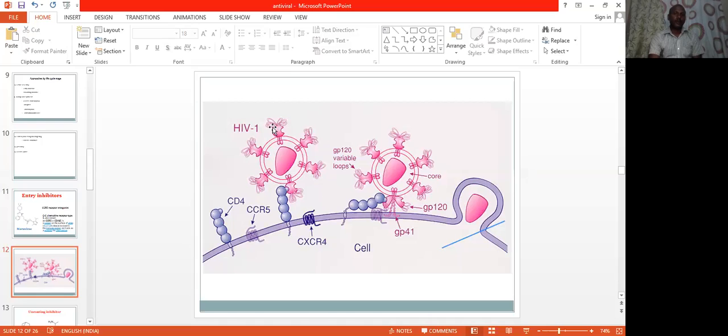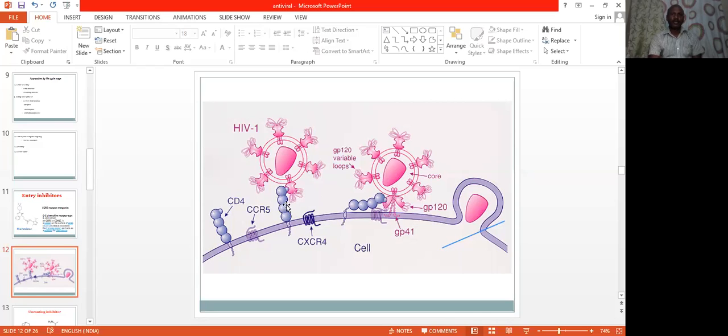First, this protein attaches to the CD4 on the cells. Once it attaches to the CD4 complex, this binding brings conformational changes in the CCR5.